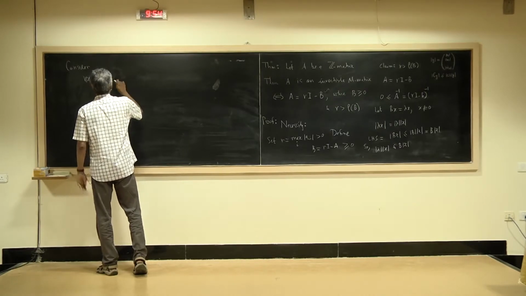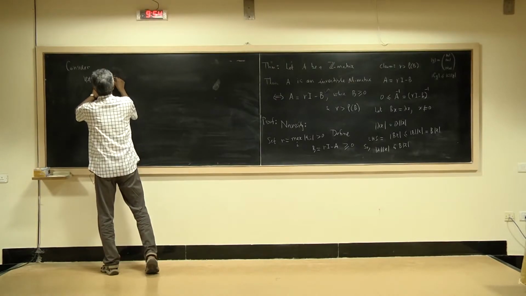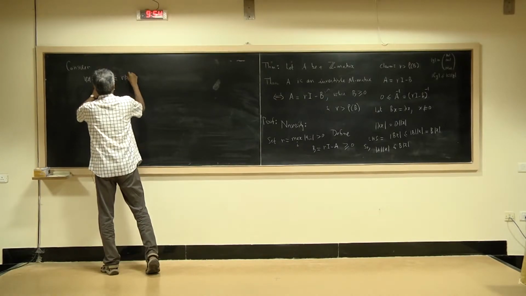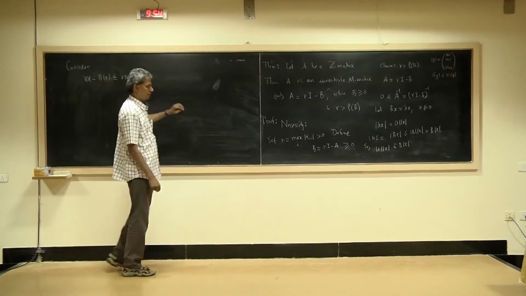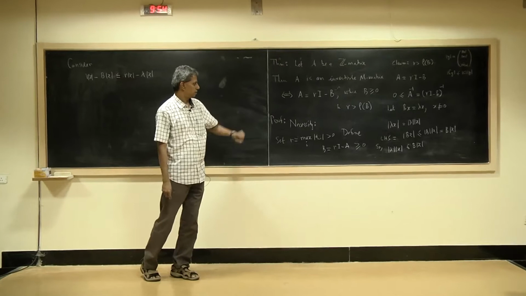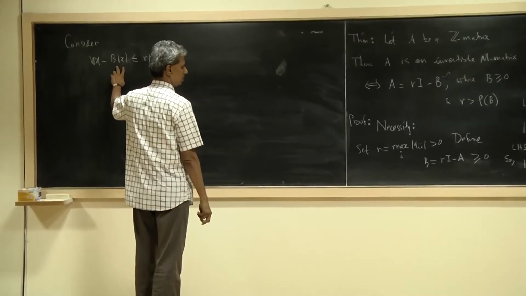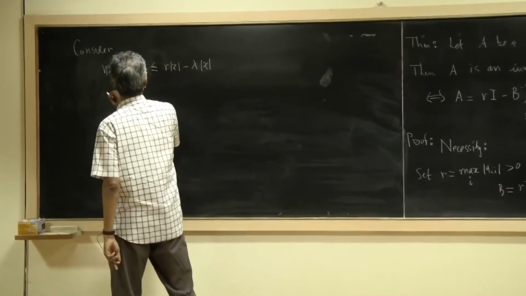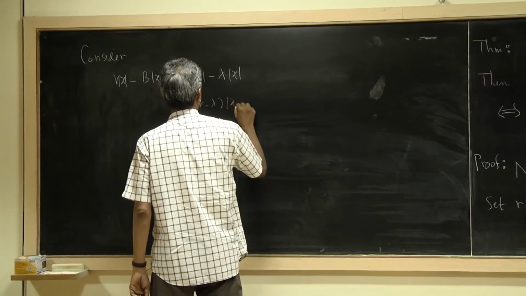This is okay. So I am using the relationship. So this is less than or equal to R mod x minus lambda mod x. Multiply by minus 1, I get minus B mod x is less than or equal to minus mod lambda mod x. So this is R minus lambda mod x.